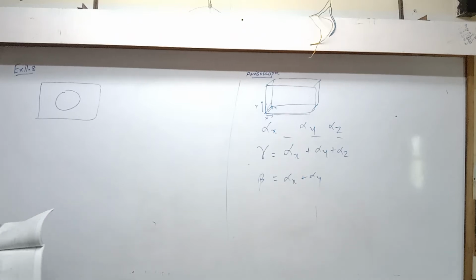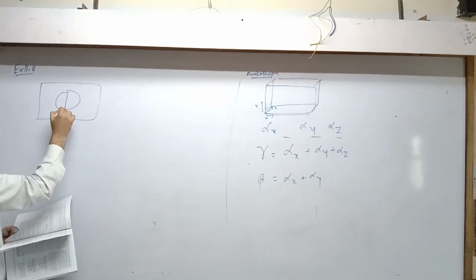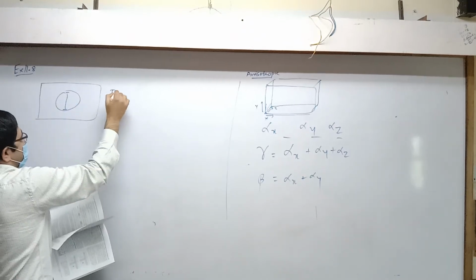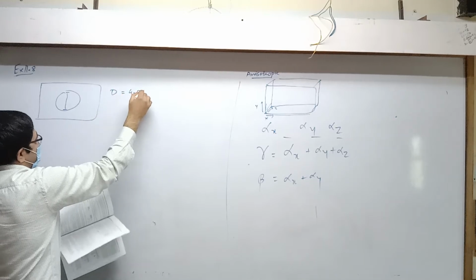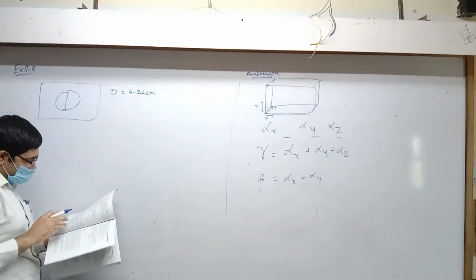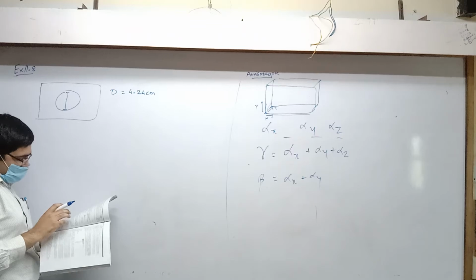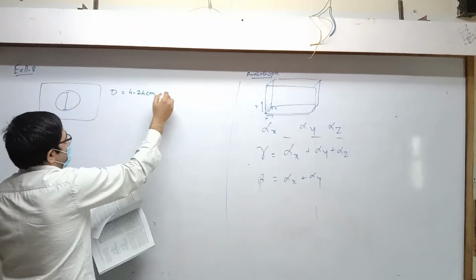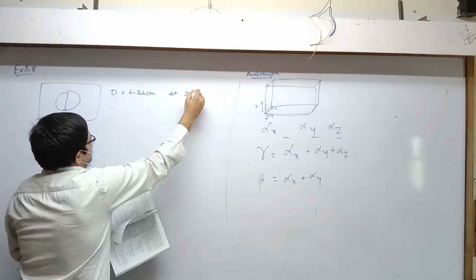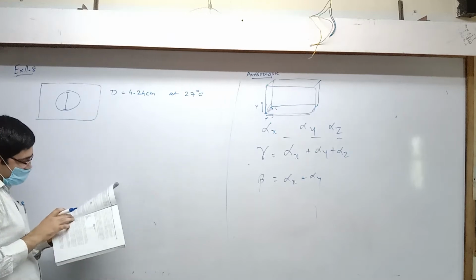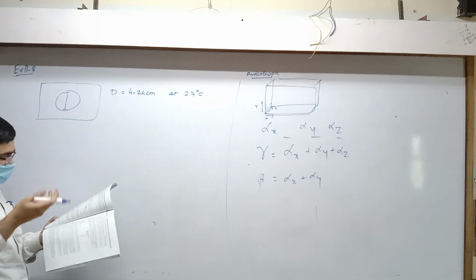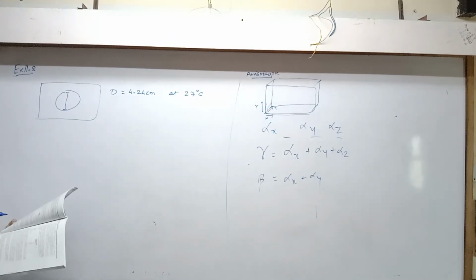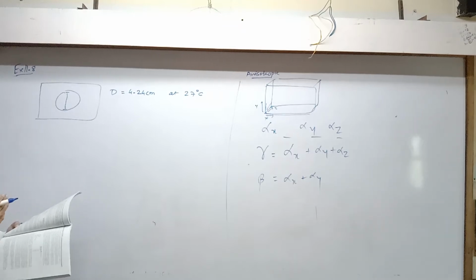The diameter of the hole is 4.24 centimeters, and at what temperature? At 27 degrees Celsius. Okay, this is a similar question. Next question: what is the change in diameter of the hole?